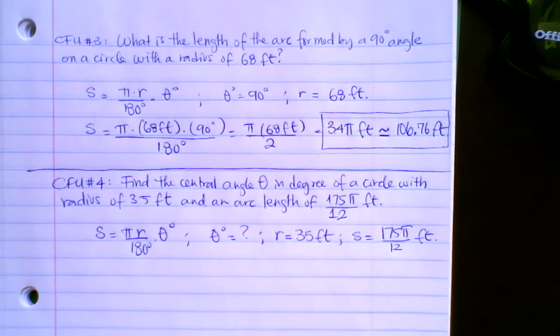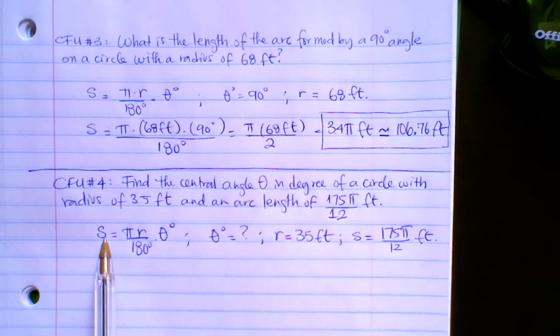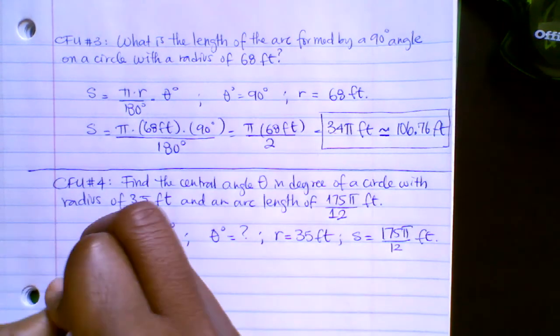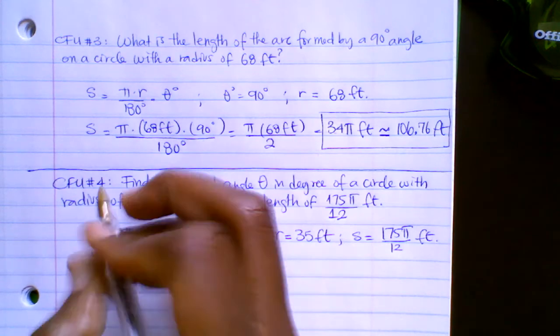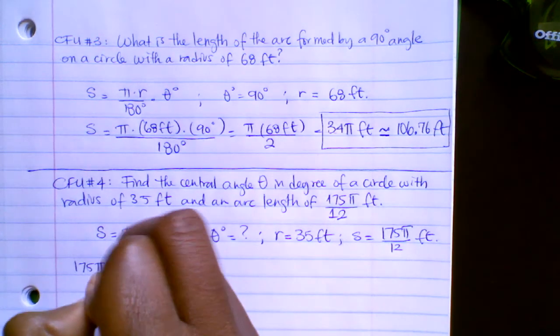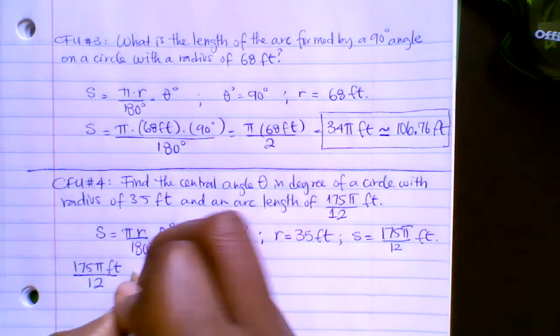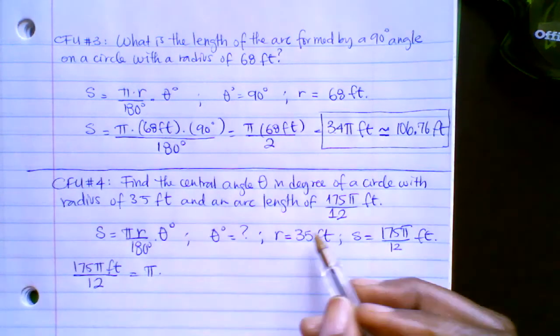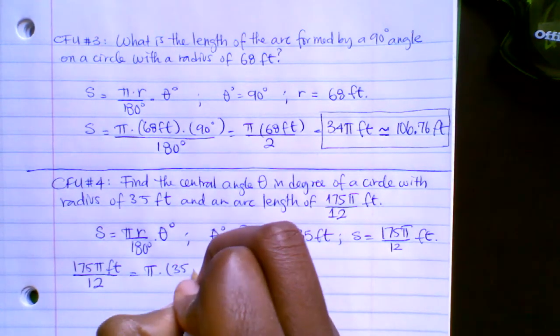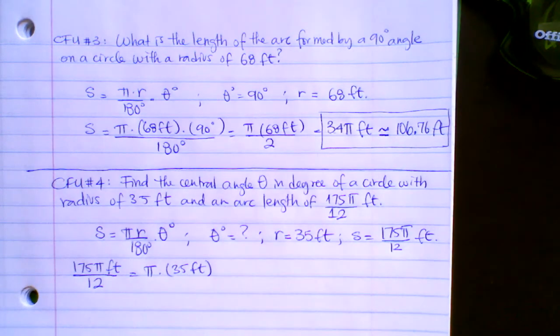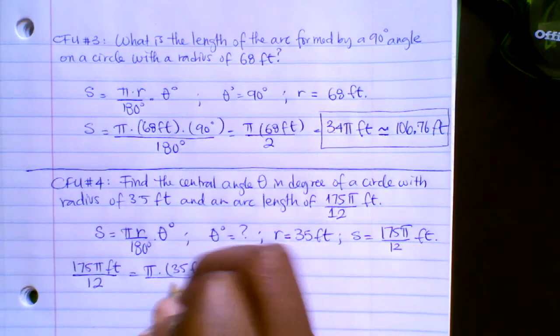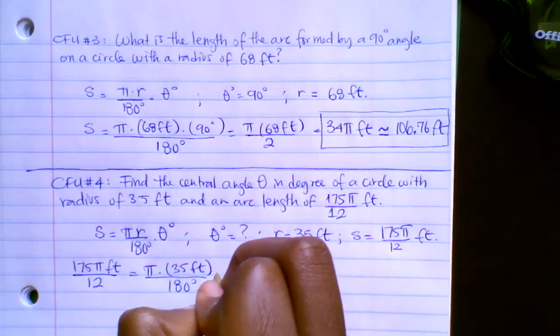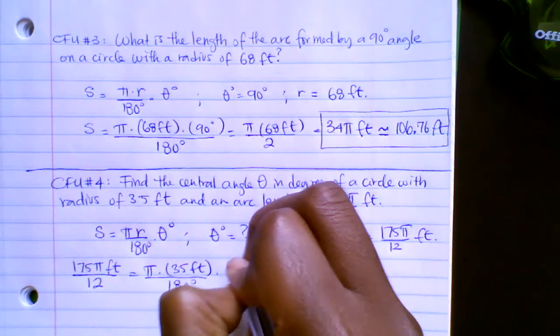So I'm going to replace S by its value: 175 pi feet over 12 equals pi times the radius, 35 feet, over 180 degrees times theta in degrees.